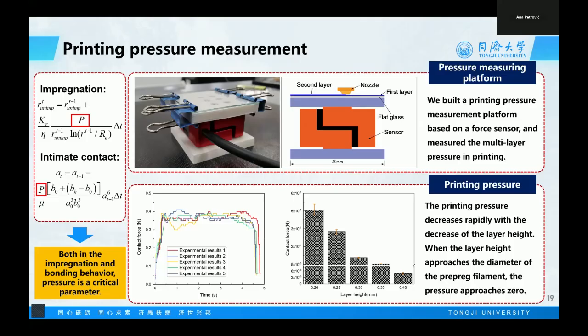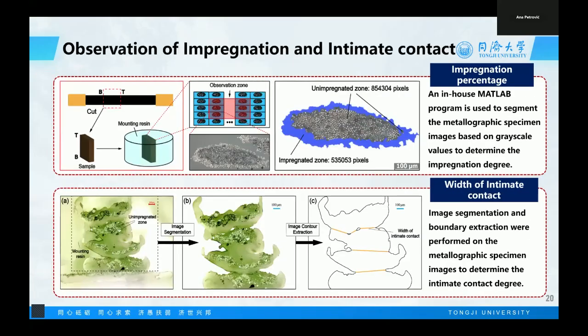We can see that the printing pressure decreases rapidly with the decrease of the layer height. And when the layer height approaches the diameter of the prepreg filament, which is about 0.55 millimeters, the pressure approaches zero.